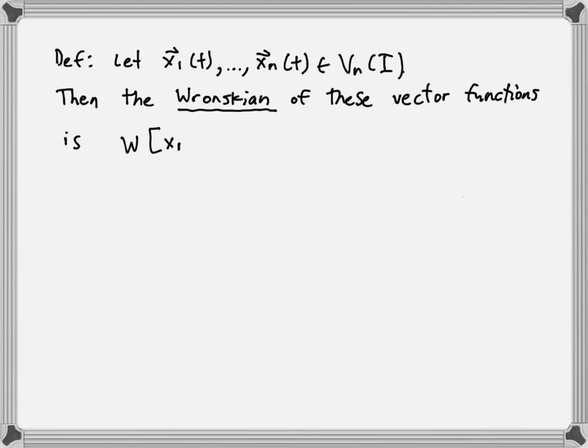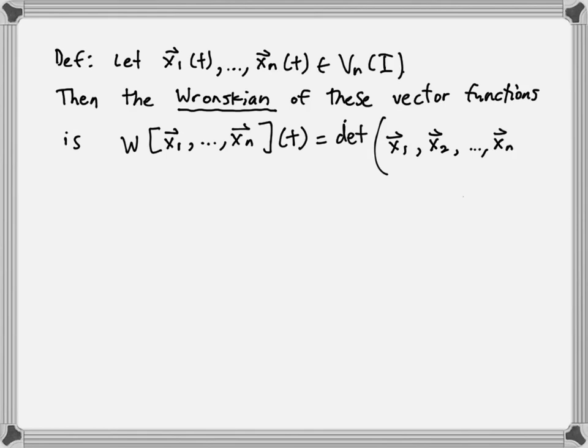This notation might look familiar to you because you still take all of these functions and you put them in here. But here's the catch, okay? Remember, this is a determinant. Before, what we had to do is take lots of derivatives, but we don't do that now. What we do is we take each one of these and we make them columns.